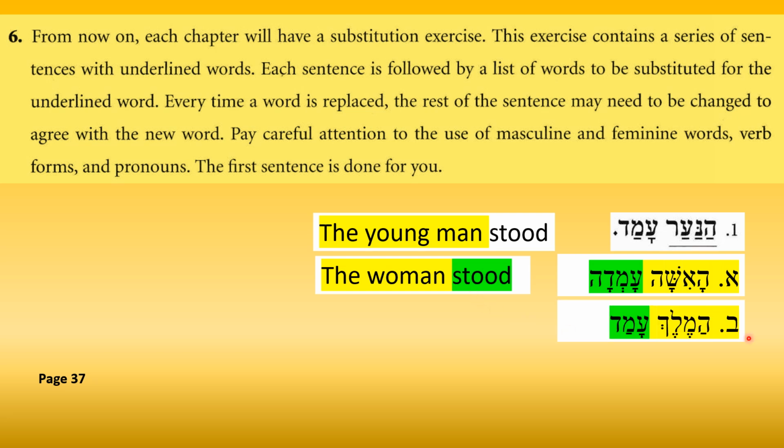Same thing with the next one. We're exchanging the young man for Hamelech, for the king. Now, the king is masculine. The original was masculine, so the verb is going to stay the same as the original. Hamelech Amad. And translate that, the king stood.